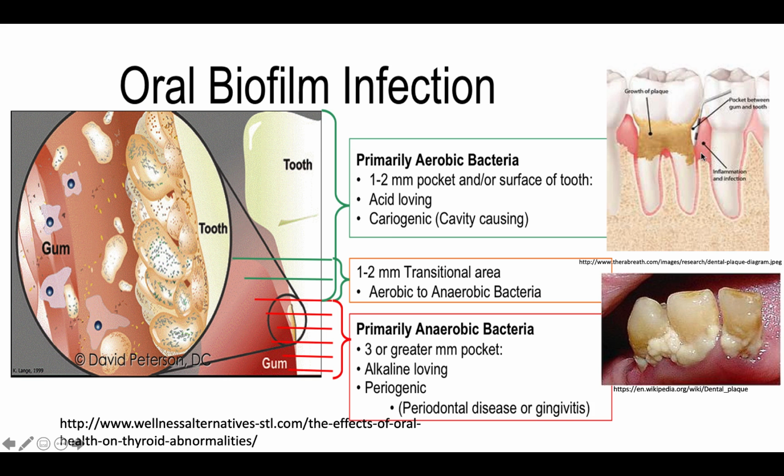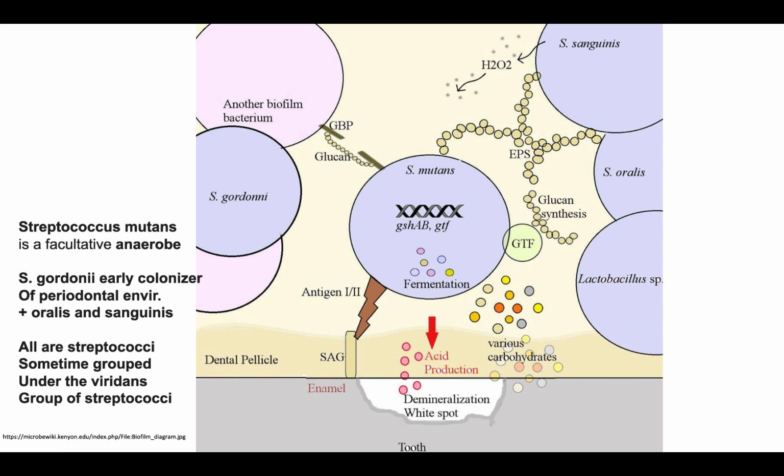The formation of biofilm will prevent or reduce oxygen as well, and help the facultative anaerobes and the anaerobes to live under the biofilm, and then cause destruction of the enamel layer under it. Streptococcus mutans, which you know, is the main facultative anaerobe in this story, and then Streptococcus gordonii is an early colonizer, with oralis and sanguinis.